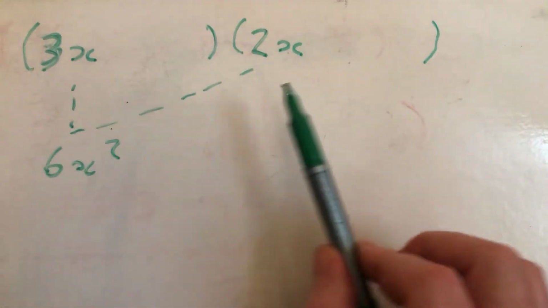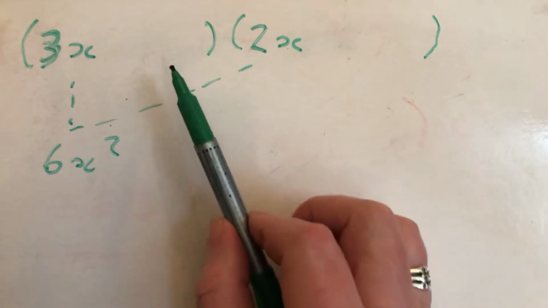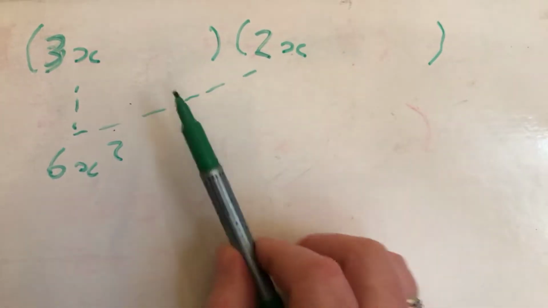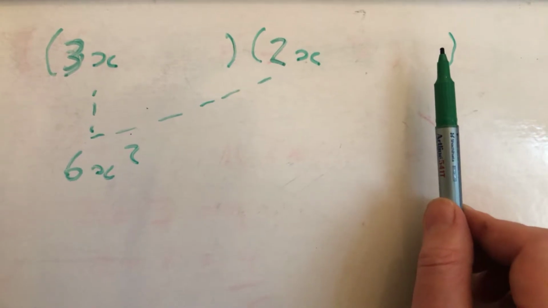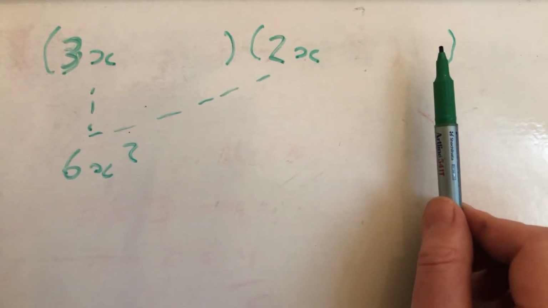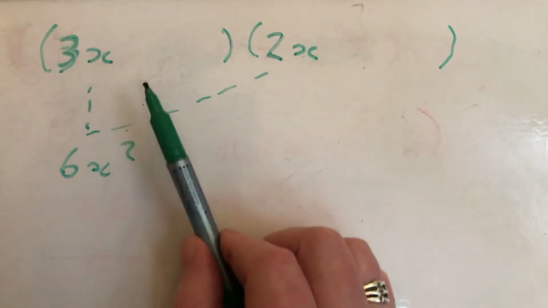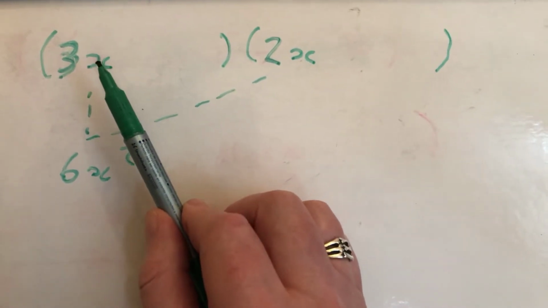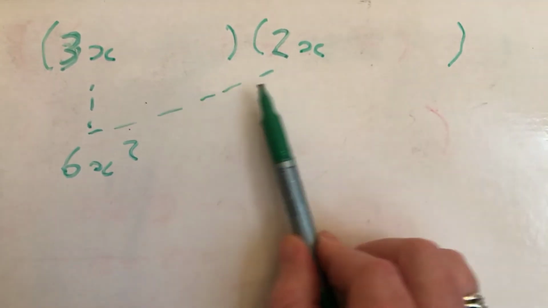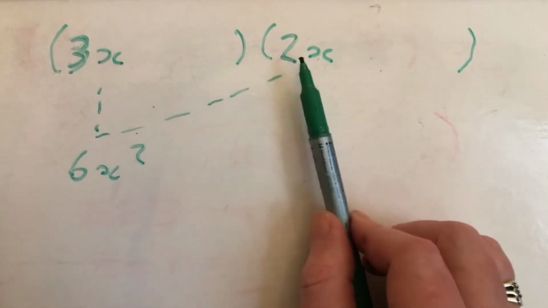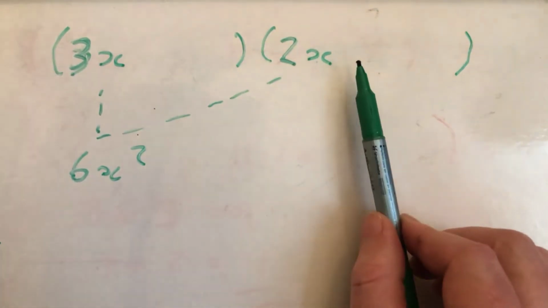So we look at switching the 4 and the 1 around. I'll go back a bit. We've got 3x times 1 is equal to 3x, and then we've got 4 times 2x is equal to 8x. So we've got 8x and 3x.